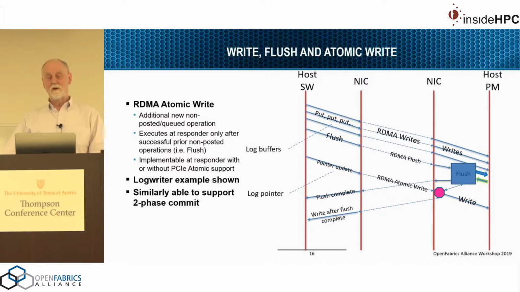And then immediately afterward, he does this atomic write pointer update. And the atomic write hits that stop sign and waits for the flush. And that little green arrow that comes out of the flush down to the stop sign lets him go. And once he goes, he performs his write, and boom, he can respond. And so this very simple operation looks just like any other atomic, but it has a couple of very specific guarantees associated with it. Allows us to implement a log writer.